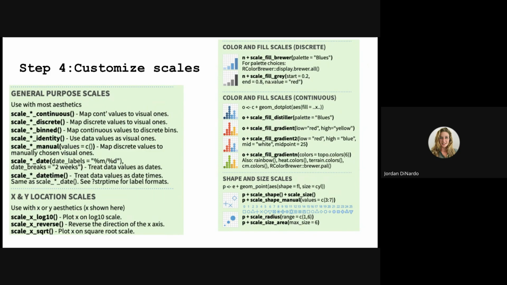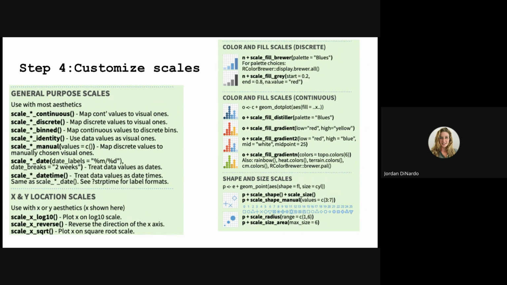Apart from just identifying the scale for X and Y axes, you can also start to identify the scale for whatever other aesthetics you use, whether that was fill, so the color within a bar plot, or the color of your points, whatever you used in your geoms, or your aesthetics within your geoms. So this is where you can play with the colors. So scale fill. These are some generic ones again. Distiller, gradient, those are functions.